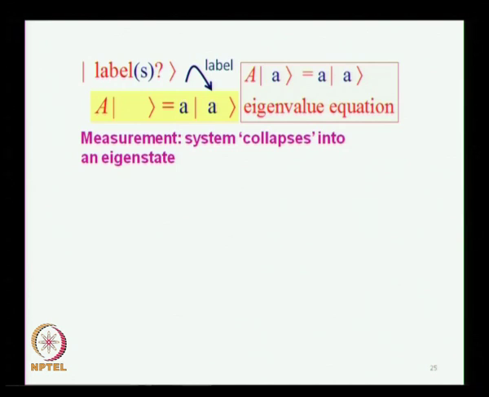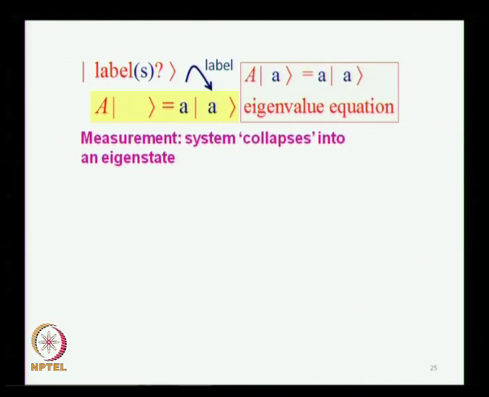And there can be not just one eigenvalue, there can be more operators for which you can have an eigenvalue equation satisfied, because you want to get as much information about the system as you possibly can. So, what you will like to do is find out the operator corresponding to a measurement, carry out that measurement, which is the same thing as operating on the state vector by the operator.